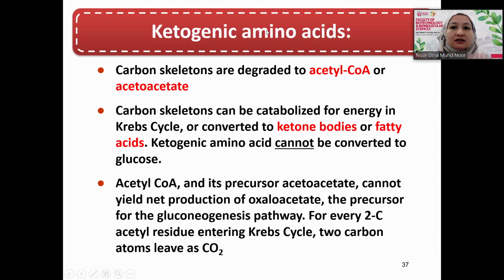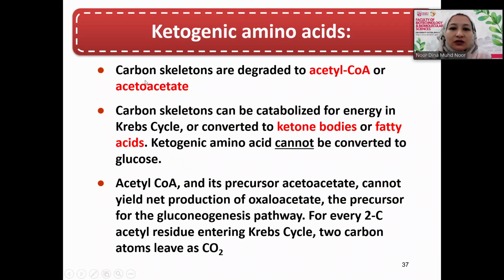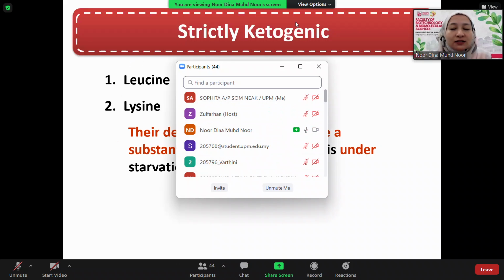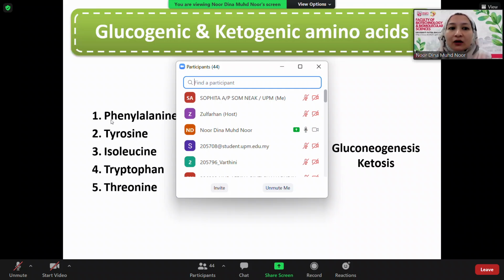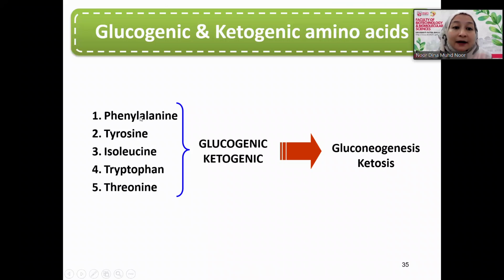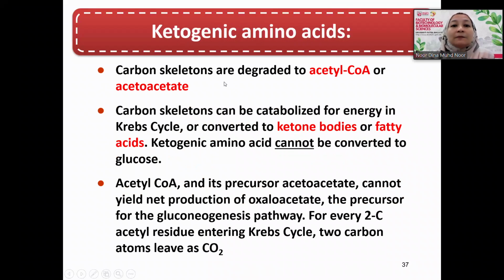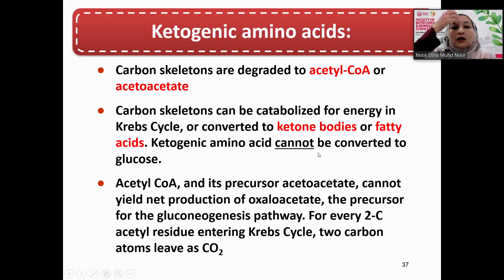So these are the ketogenic amino acids: leucine or lysine, which are strictly ketogenic, or they can also involve these 5 amino acids, because those can be both glucogenic or ketogenic. So the carbon skeleton will be degraded into acetyl-CoA or acetoacetate.